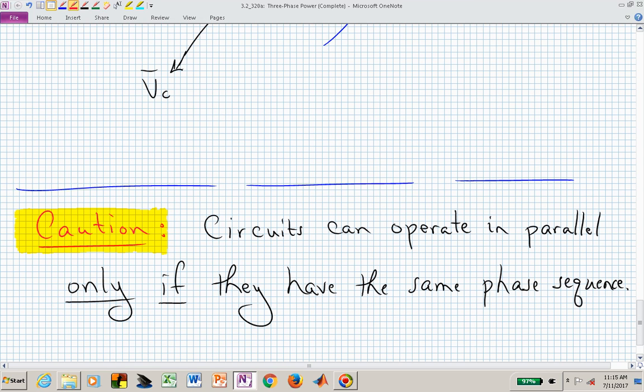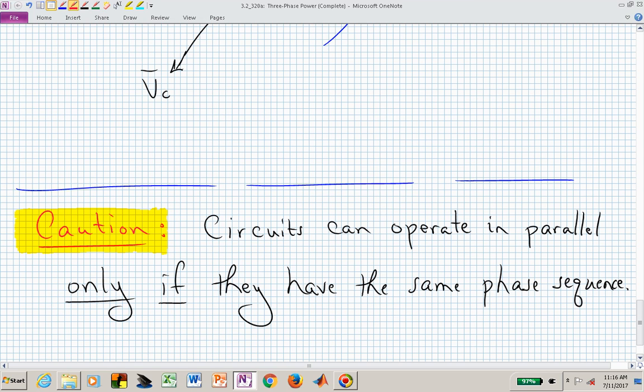And so now you've connected up the A phase, the B phase, and the C phases together, or they're now in parallel. You can only operate these circuits if they share the same phase sequence. You can't have a positive phase sequence interconnected with a negative phase sequence.